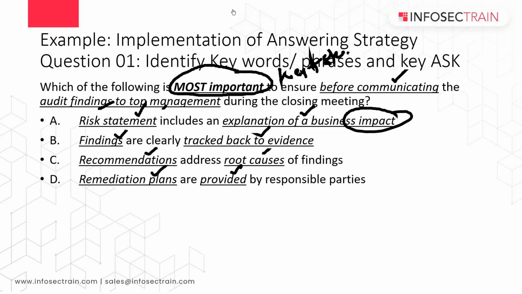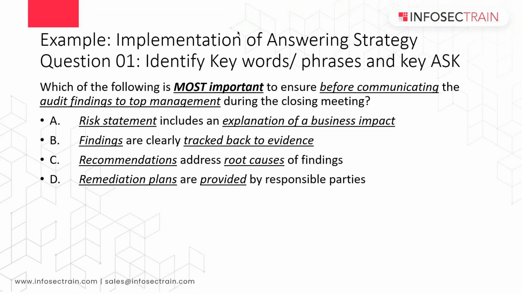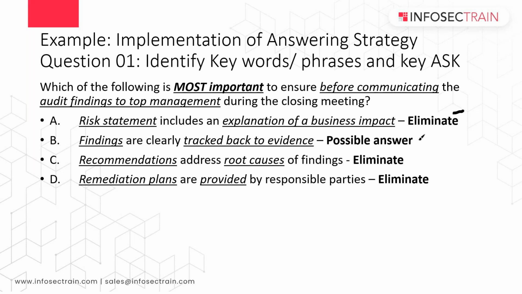Now, when we look at each of the options, option 1, we eliminate. Option 2 will be our possible answer. Option 3, we eliminate. Option 4, we eliminate. In the next slide, I will explain why we eliminate option A, why we have B as a possible answer, and why we eliminate C and D.